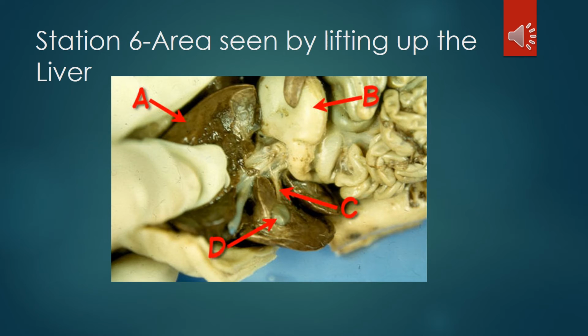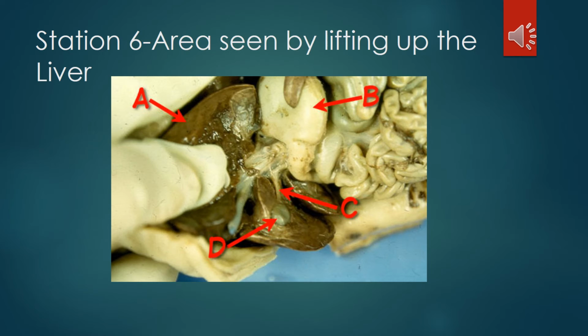Okay, so this area can be seen by lifting the liver. If you lift up the liver, which is labeled A, B is the stomach. You'll see that, and then underneath the liver you have this little sac that's C, which is the common bile duct, or just bile duct, and D is the gallbladder.